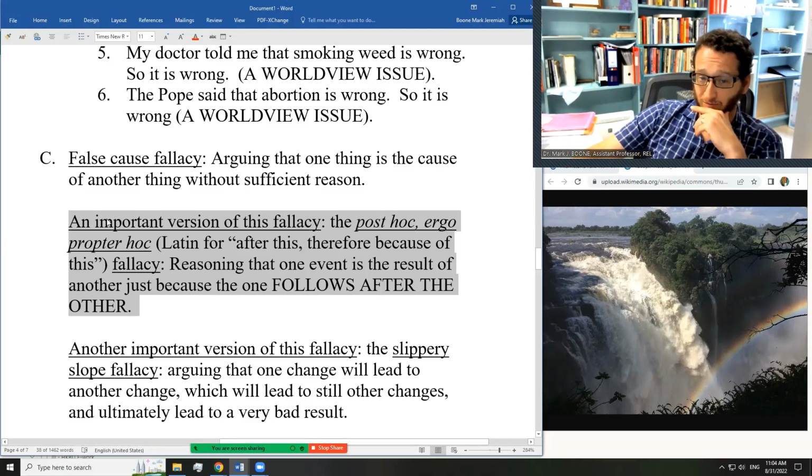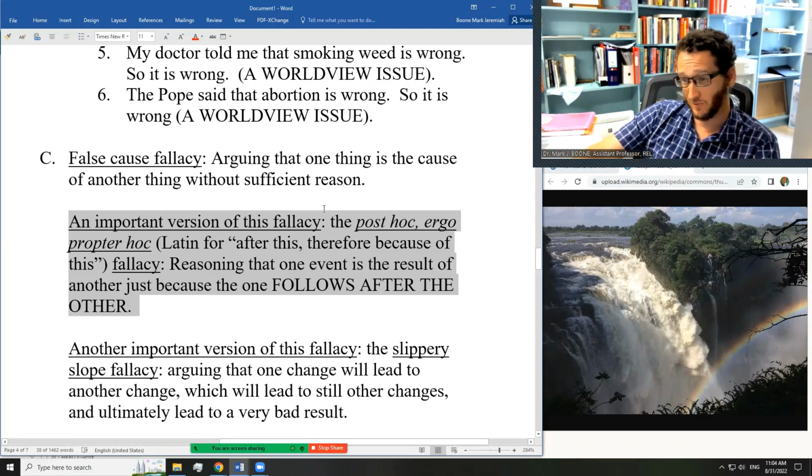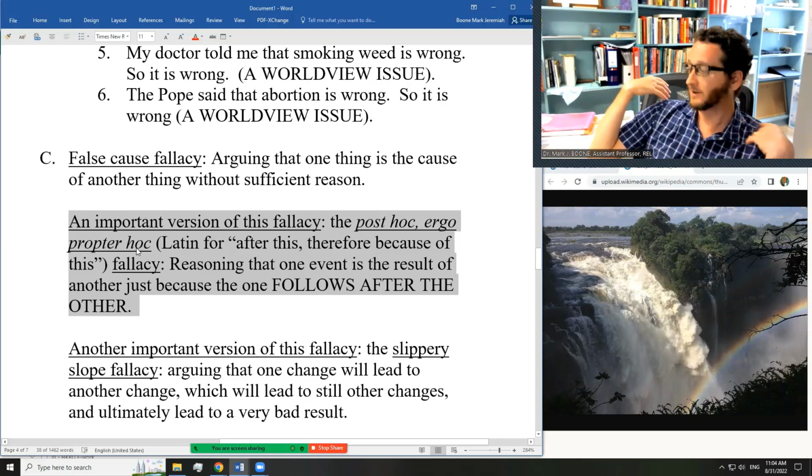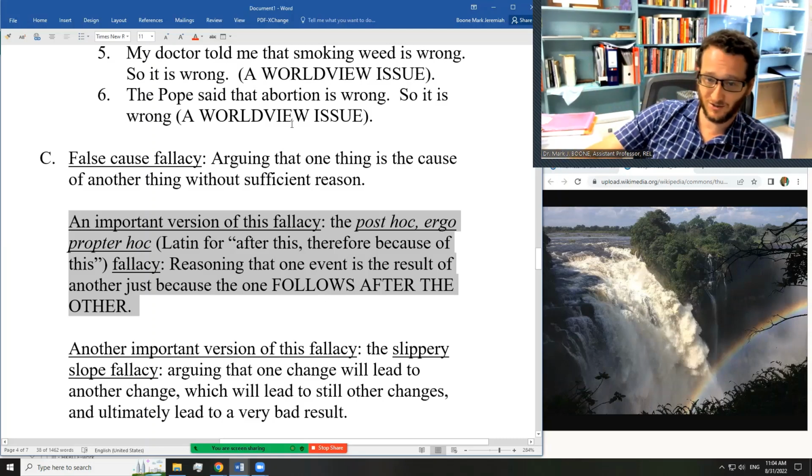Not every kind of post hoc ergo propter hoc style argument is fallacious, in other words, but be careful. Correlation and causality are not the same thing, and one does not necessarily indicate the other, but it may indicate the other.